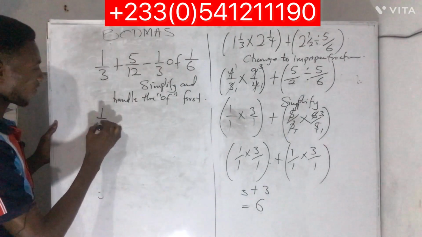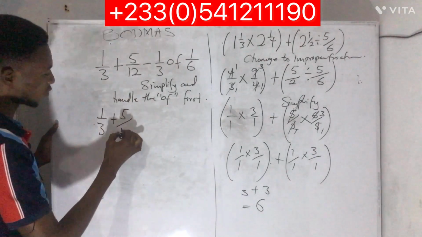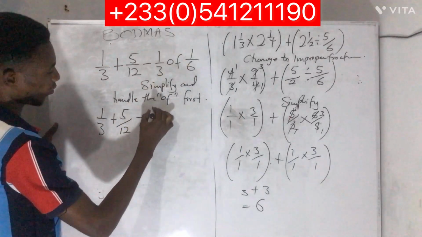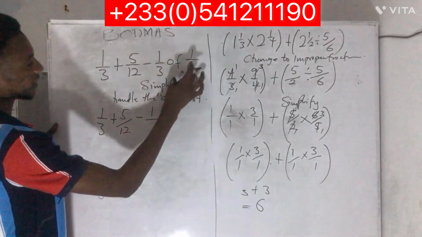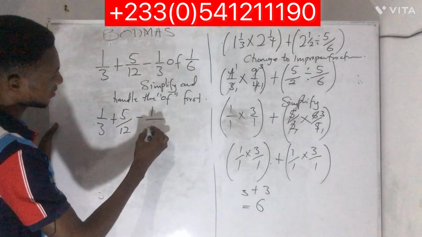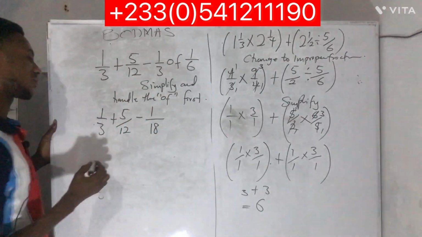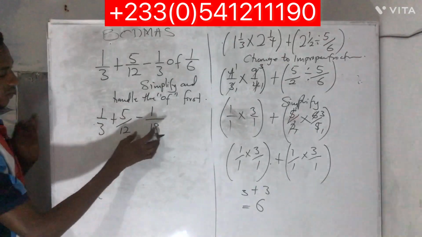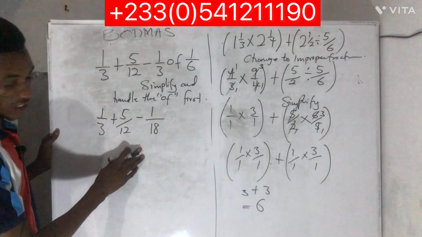So we'll be having 1 over 3 plus 5 over 12 minus. Now, 1 times 1 is what? 1. 3 times 6 is what? 18. Be careful. I told you to go and learn multiplication. So that's 18. Do you understand?